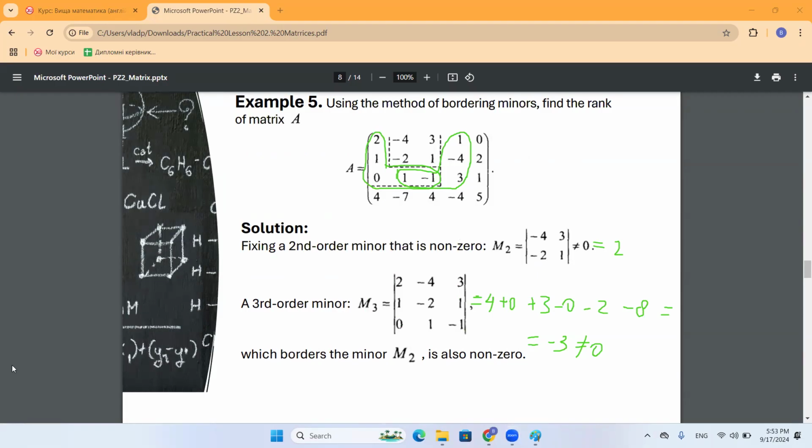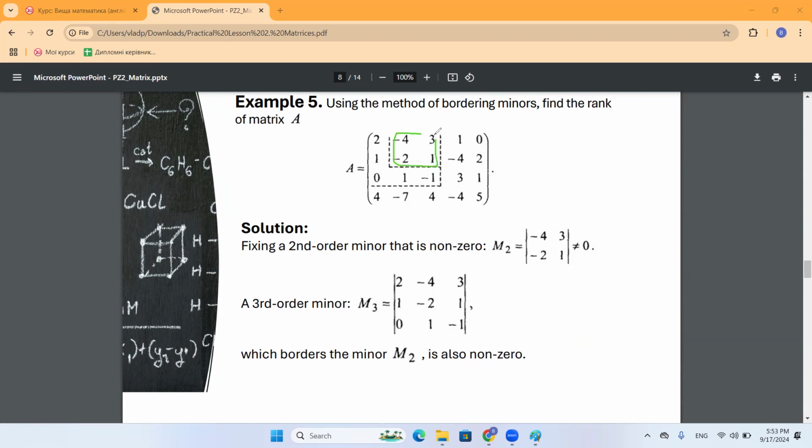And now it's clear: to find the rank of the matrix using the method of bordering minors, we need to expand the previous minor and check if it's not 0.